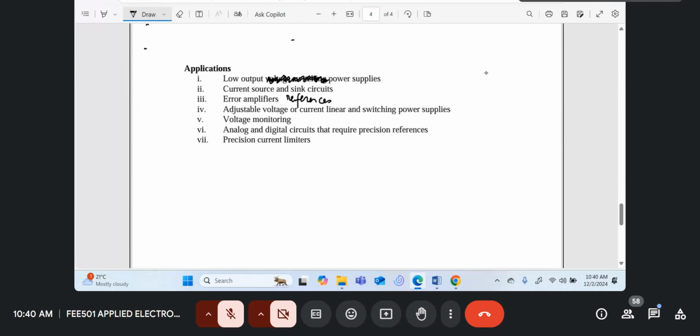Normally we use them. Another shunt regulator, which I've not told you about, but we use all the time, is a Zener diode here. This is a regulated power supply, and this here is V0. Of course, you've got to design this R to be appropriate.